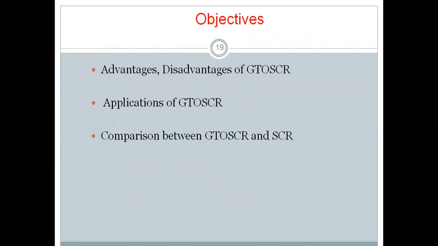Coming to the advantages and disadvantages of SCR, GTO SCR, applications of GTO SCR, and comparison between GTO SCR and SCR are going to be studied now in this video lesson.